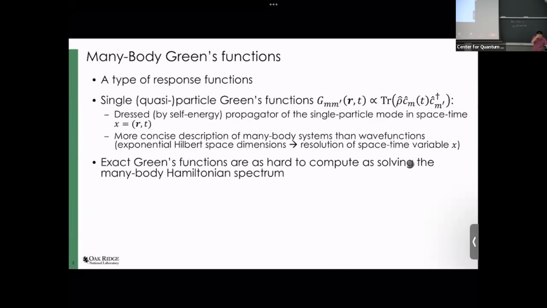Exact Green's functions are as hard to compute as solving the many-body Hamiltonian spectrum. However, there are many classical techniques that you can use to calculate approximate Green's functions, such as Feynman-Dyson perturbation theory.